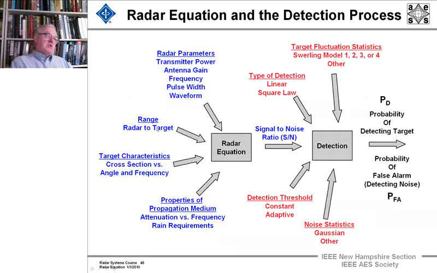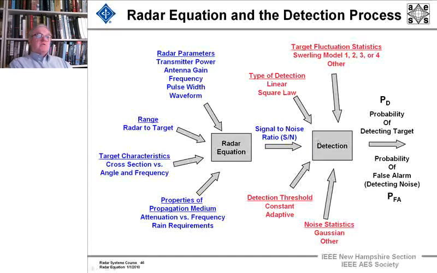Now, what I want you to do is to just look at this. It brings together what we're going to study in the detection of signals and noise lecture. And that lecture concerns these areas. So what we do in the radar equation is we take the radar parameters, the range, the target characteristics, and the propagation of the medium, feed that into the radar equation, and that gives us a signal-to-noise ratio.